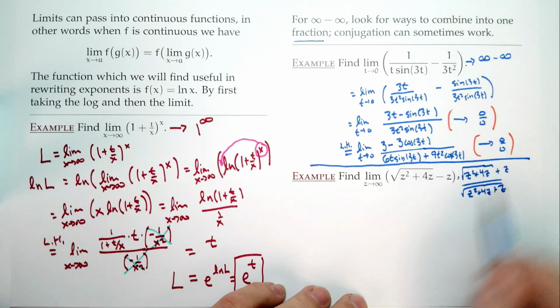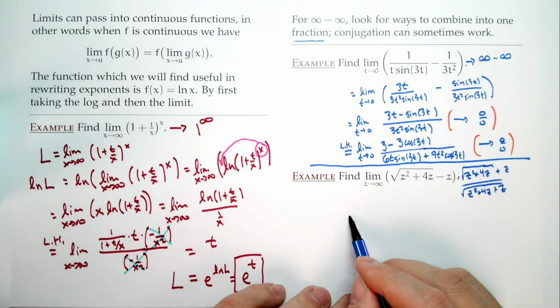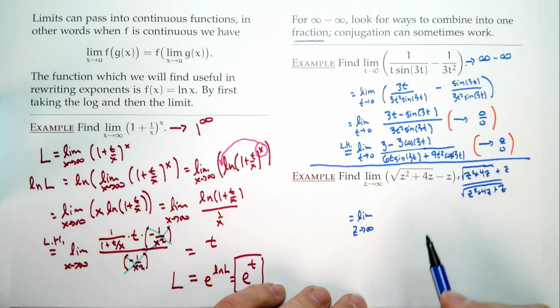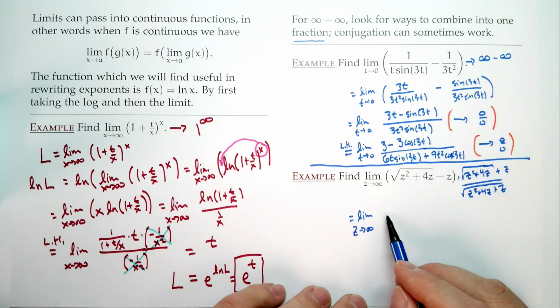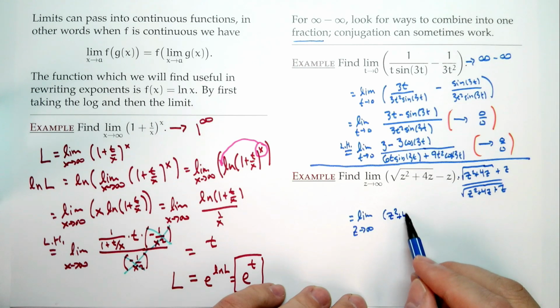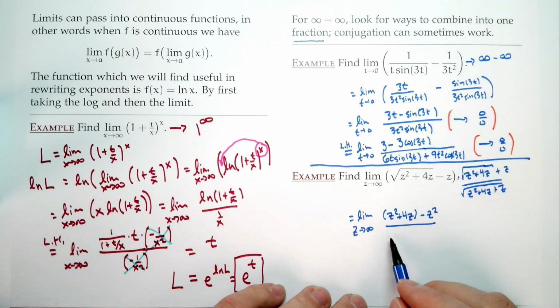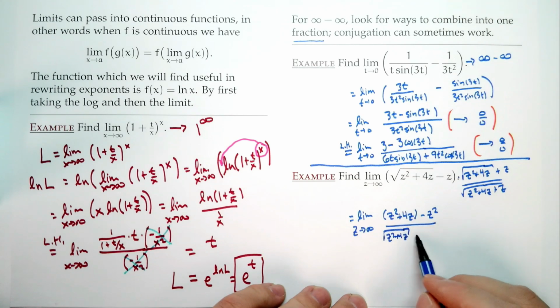Let's just separate. So this would become here the limit as z goes to plus infinity. Upstairs, we're going to get z squared plus 4z. The square root goes away, minus z squared. And downstairs, we're going to end up with the square root of z squared plus 4z and plus z.